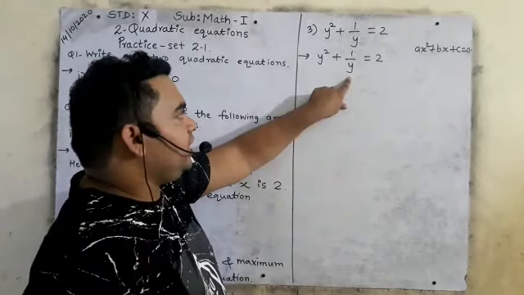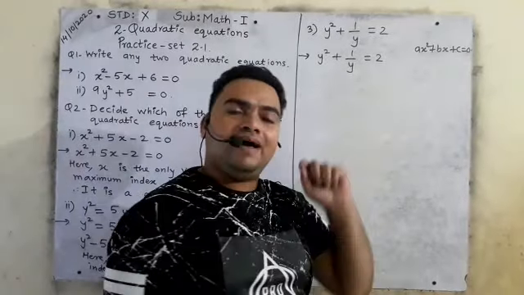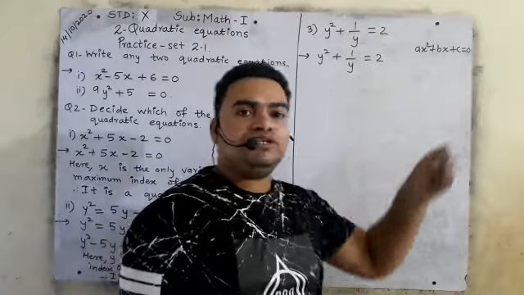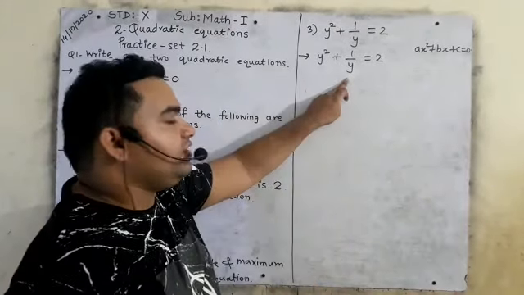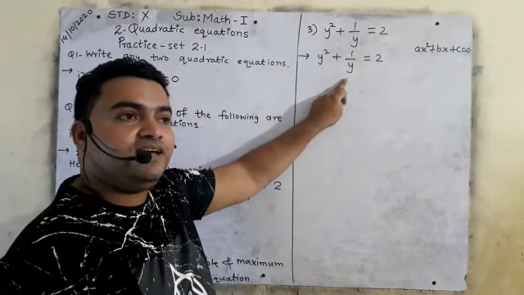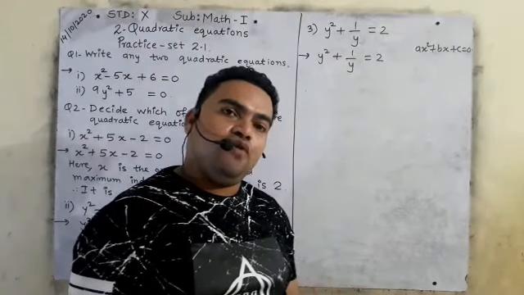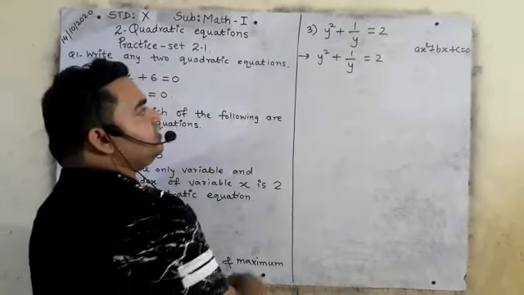If here is y, you will multiply the whole equation by y. If here it is x, you will multiply the whole equation by x. If here it is any real number like 4, you will multiply the whole equation by 4. Is it clear? But here it is y.